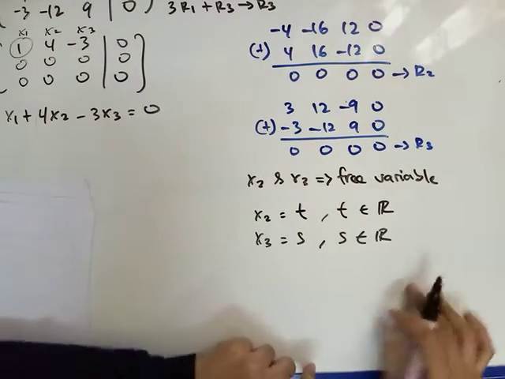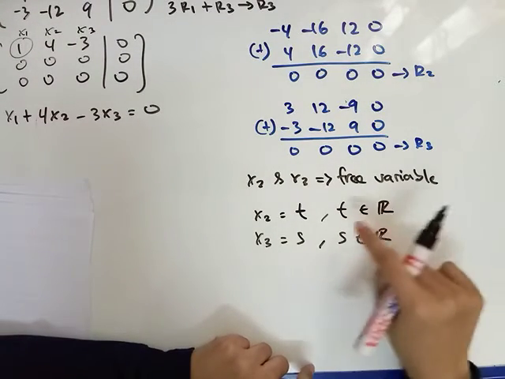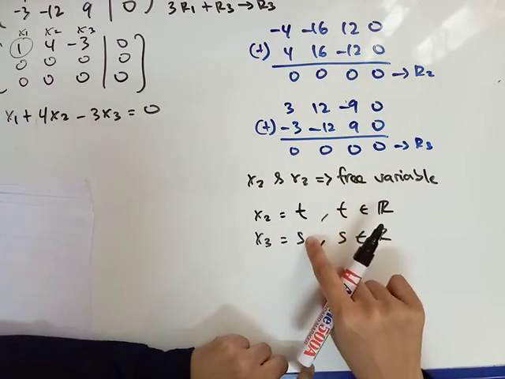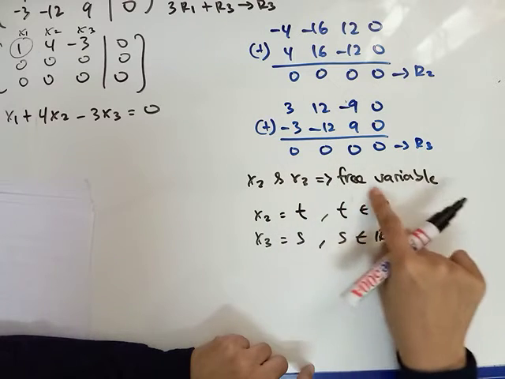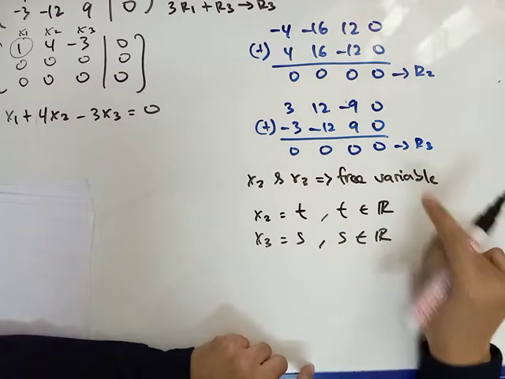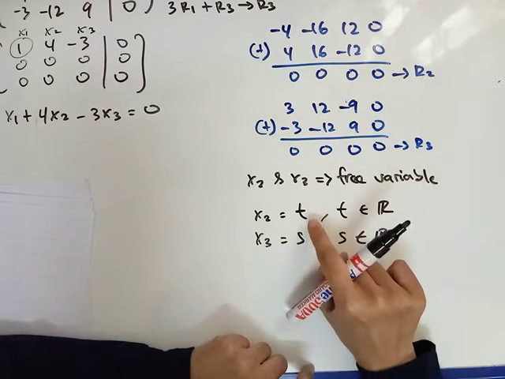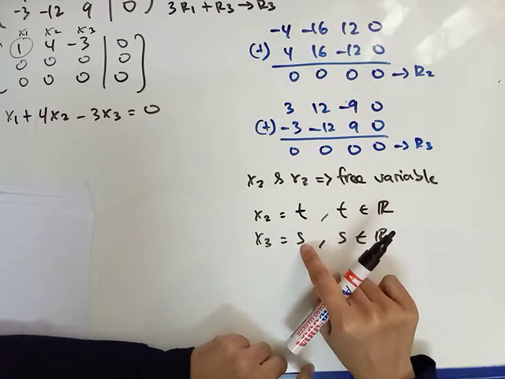Because x2 and x3 are free variables, we can let any numbers for t and s.